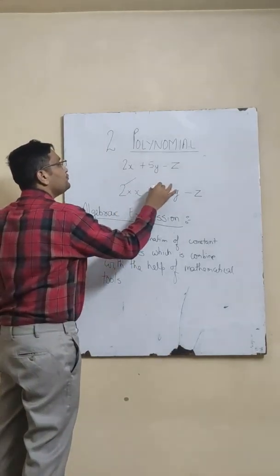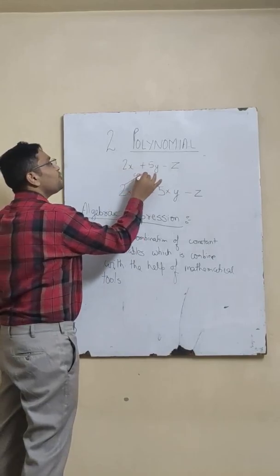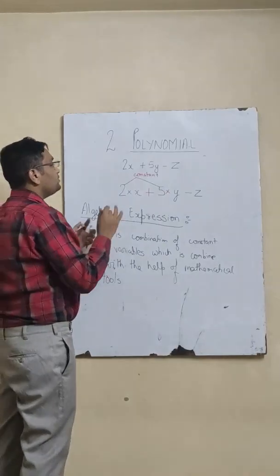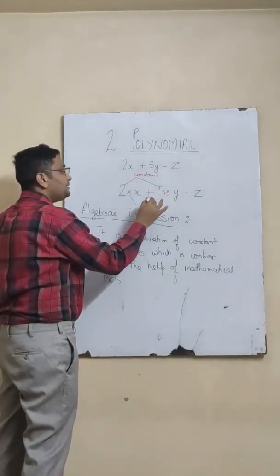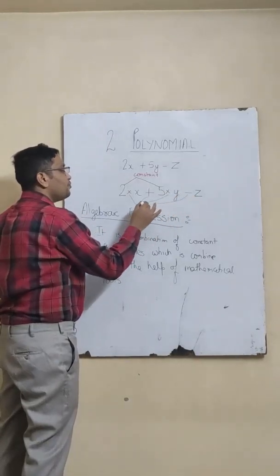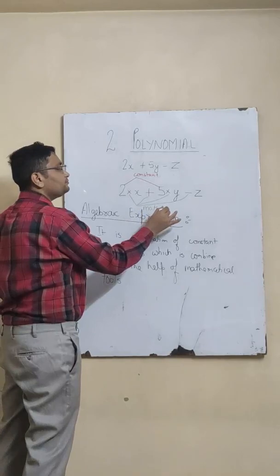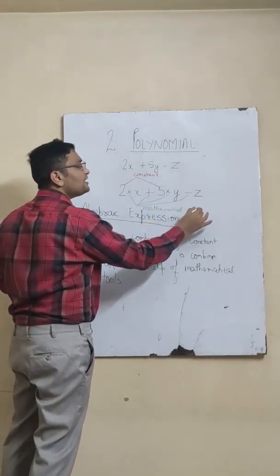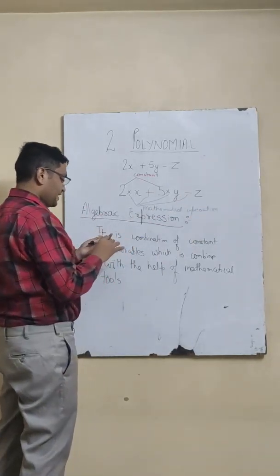2, 5, what are they? They are basically constants. Multiply, plus, multiply and minus, what are they? They are mathematical tools. Actually, a mathematical operation can also be called a mathematical tool.